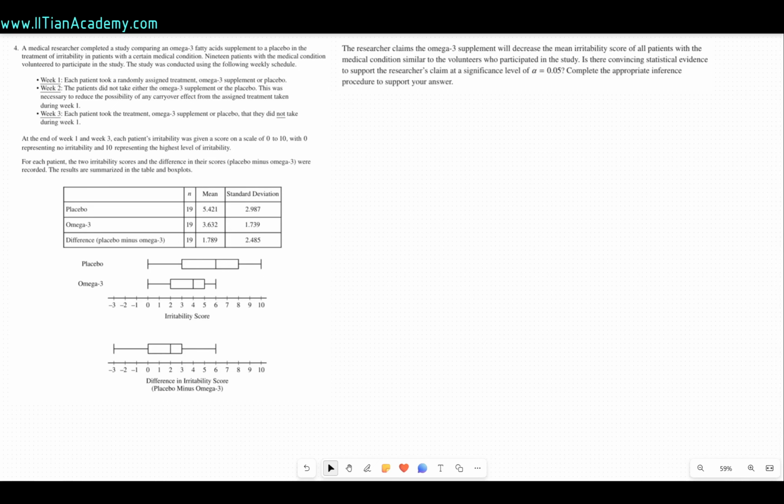Firstly, we need to decide what variables we will use and what our null and alternative hypotheses are. We can represent this new variable as mu d, d for difference: the difference in the mean of placebo minus omega-3.